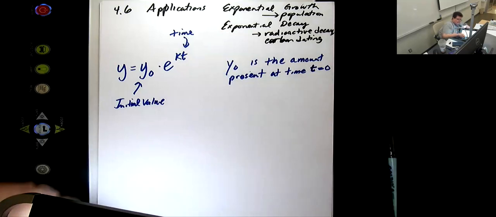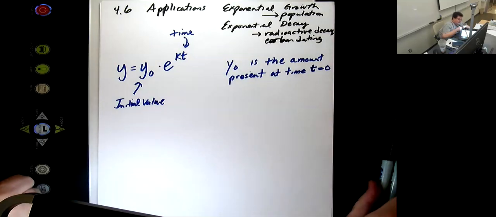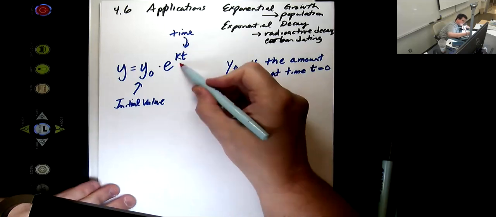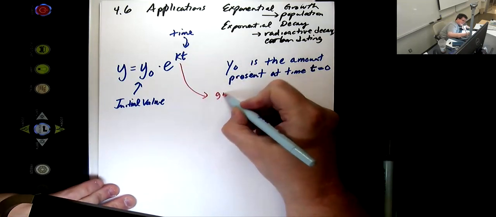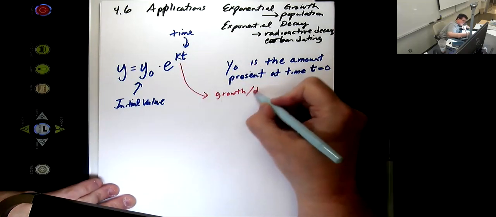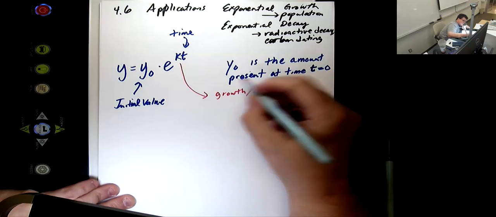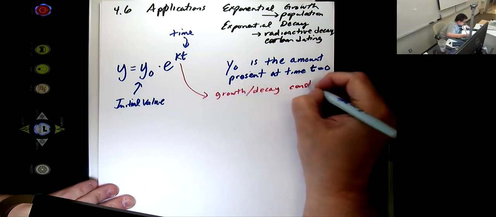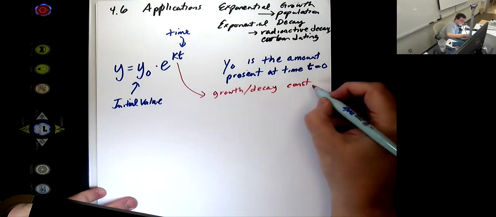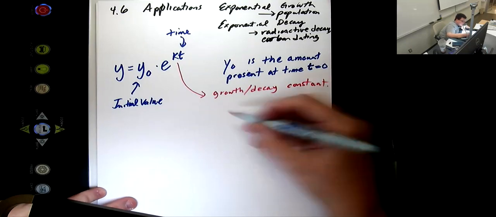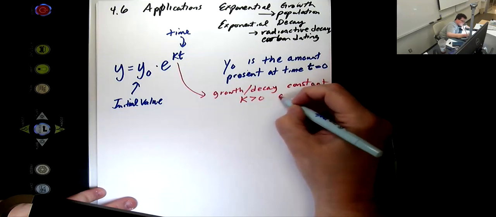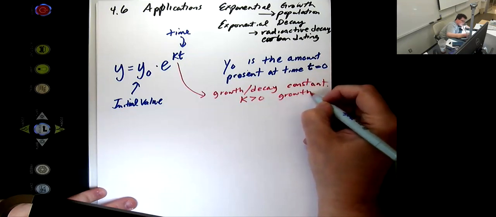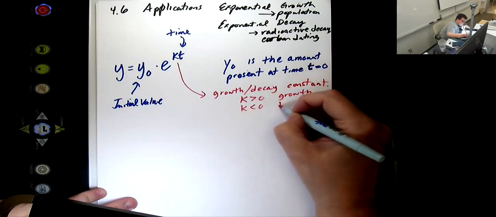And k is where all the magic happens. k is the growth or decay constant. k greater than 0 is growth. k less than 0 is decay.